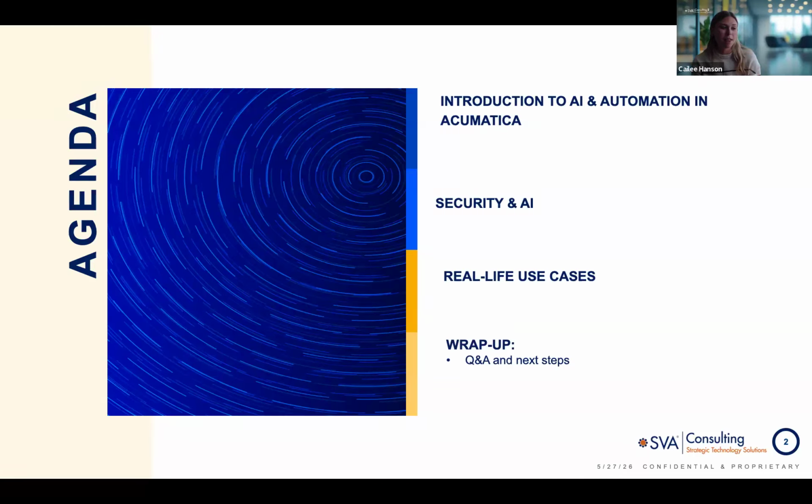Then we'll spend a lot of the time in a live demo. You'll see a couple of different products, but the focus is on real-life use cases that may be relevant for all of you. Then we'll wrap up with Q&A and next steps.